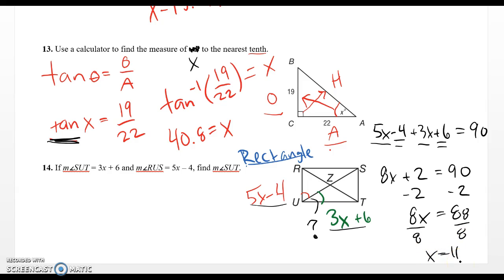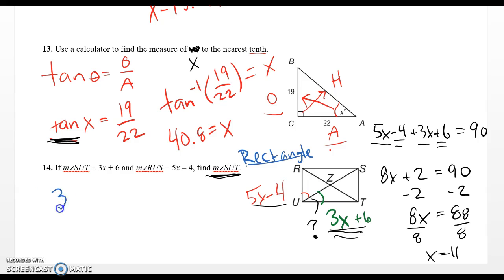But they didn't tell us to look for 11, right? They told us to find SUT. But we have this equation right here, 3x plus 6 in green, and that is what SUT equals. So we can plug our newfound x into that expression and find our answer.